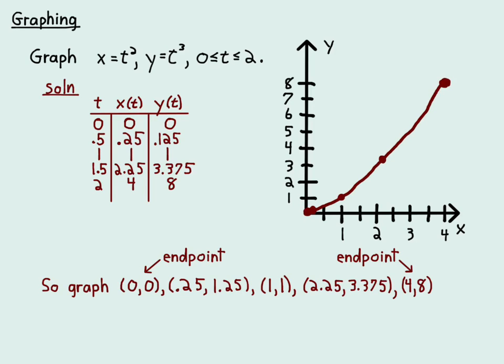So 0, 0 is right here, 0.25 should be up here. Oh, this is 0.5, because these go by ones.